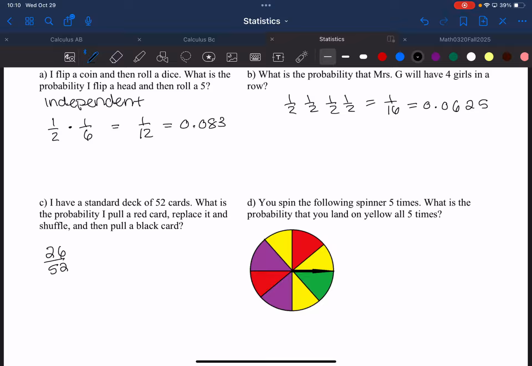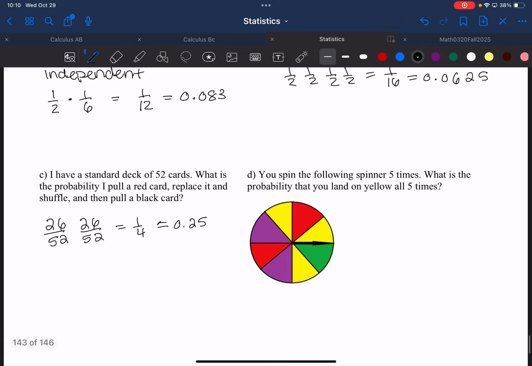What's the probability of pulling a black card? Still 50%, right? 26 out of 52. So we would multiply these together. When we do that, we get 1/4, or approximately 0.25. Okay, and remember, you have Desmos, so you could take these proportions, put them into Desmos, and they will give you the decimal. You don't have to try to calculate these by hand.